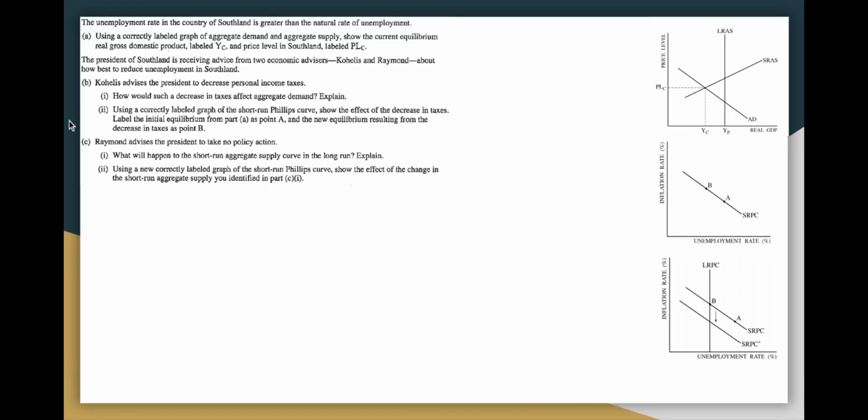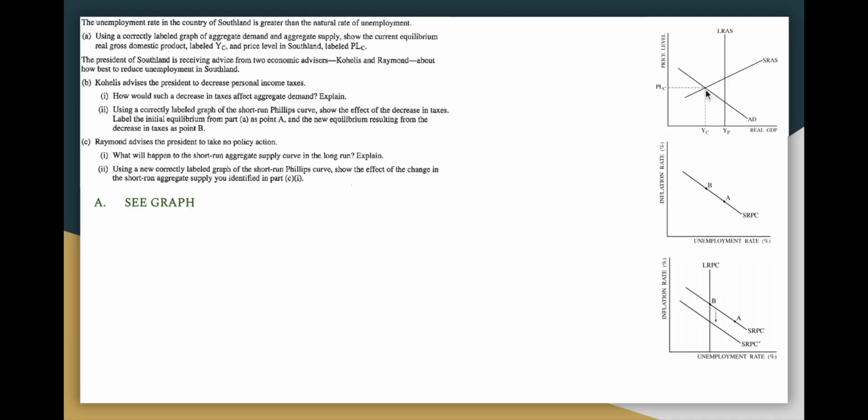Okay, here's a free response question. The unemployment rate in the country of Southland is greater than the natural rate of unemployment. That must mean that we are in a recession. Use a correctly labeled graph of aggregate demand and aggregate supply to show the equilibrium. So for part A, see the graph. So notice here's my equilibrium.